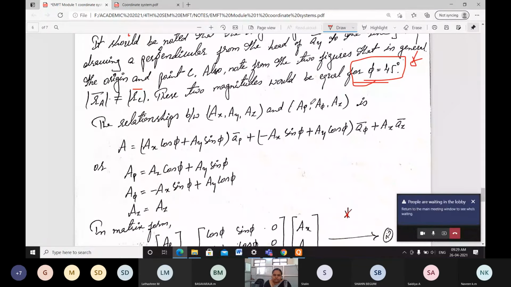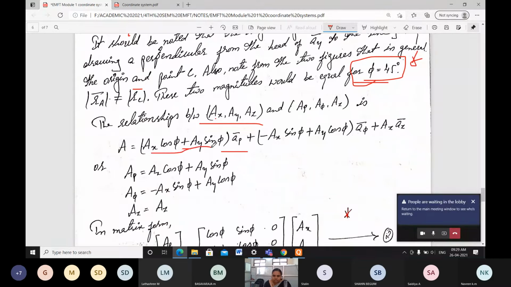Next, the relationship between our vectors AXYZ with A rho phi Z. A is equal to AX cos phi plus AY sin phi of A rho, plus minus AX sin phi plus AY cos phi A phi, plus AZ unit vector AZ.